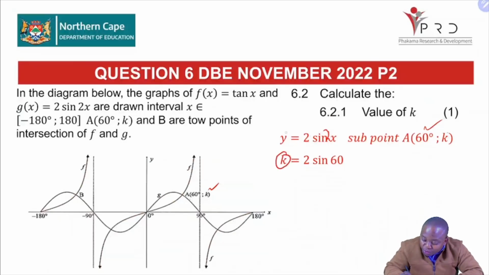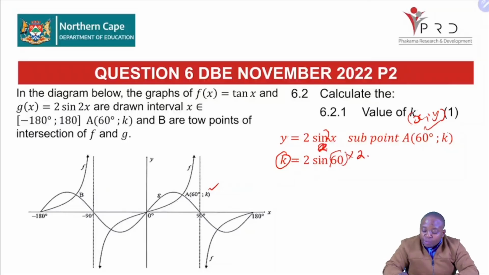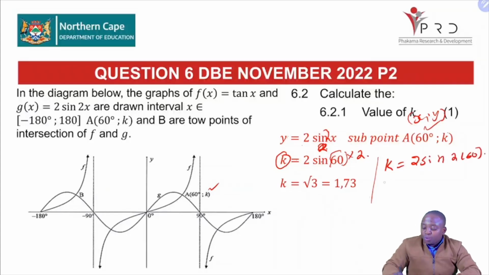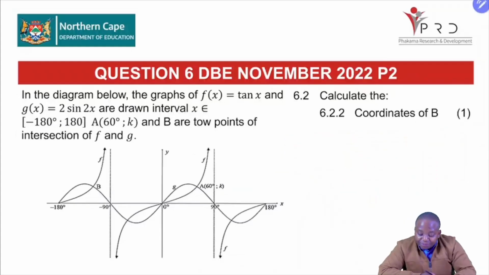So k is equal to 2 sine 2x. Remember, our x is 60, so it's 2 times 60. Remember, it was sine 2x. Then we know that our k equals root 3. So if we write it properly, k equals 2 sine 2 into 60. That is where we get our k equals root 3. So that's our k right there.